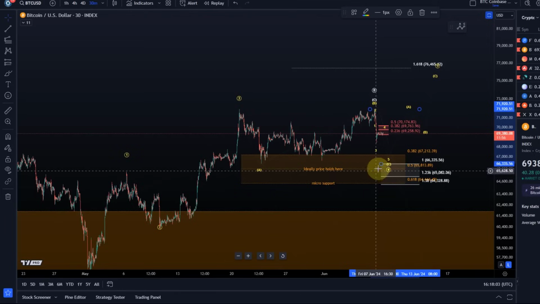But I still say ideally it holds here. So ideally it doesn't break below that 50% retracement level. Because it's just a level to watch, right? It's just that probabilities already start to shift towards something more bearish below the 50% fib level. But if it's a diagonal, I've got that additional buffer zone down to the 61.8 retracement.